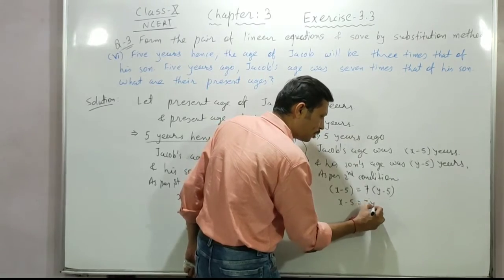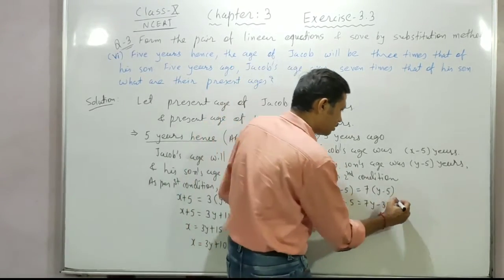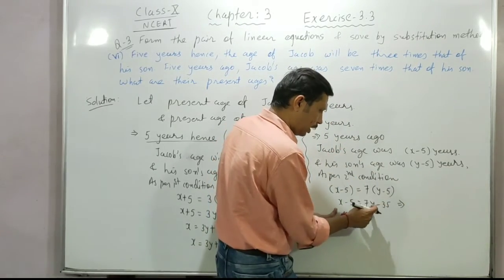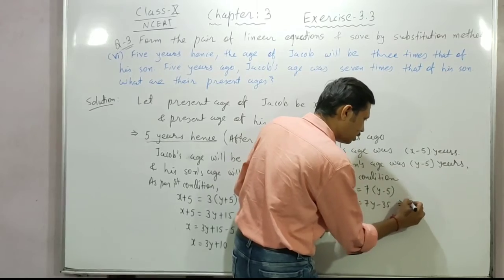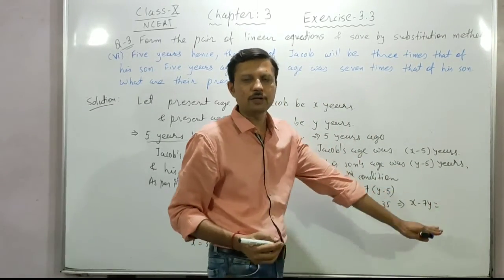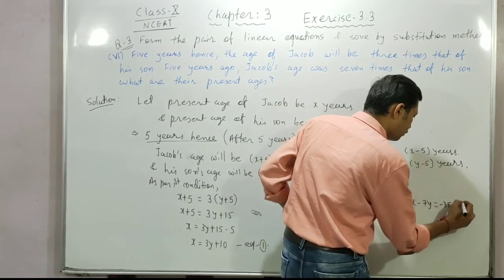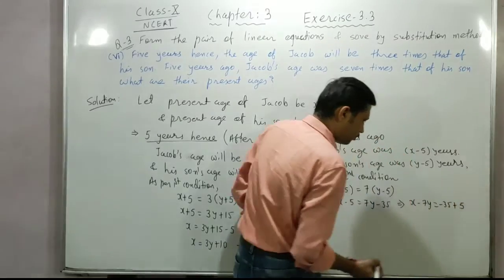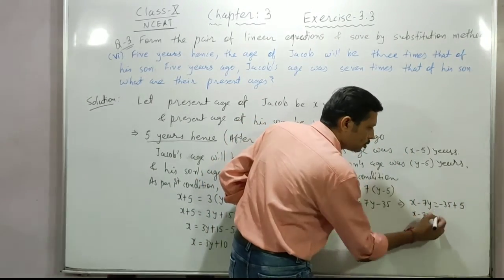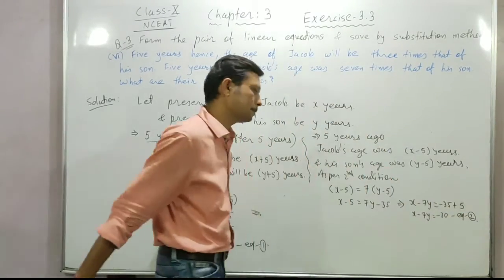We will multiply. So 7y minus 7 5s are 35. So after that we will get our equation. Minus 5 we will shift here and 7y will shift here. So x minus 7y is equal to, when I shift the minus 5 to the right side, it will be minus 35 plus 5. So what is the equation? x minus 7y is equal to minus 30. That's my equation number 2.